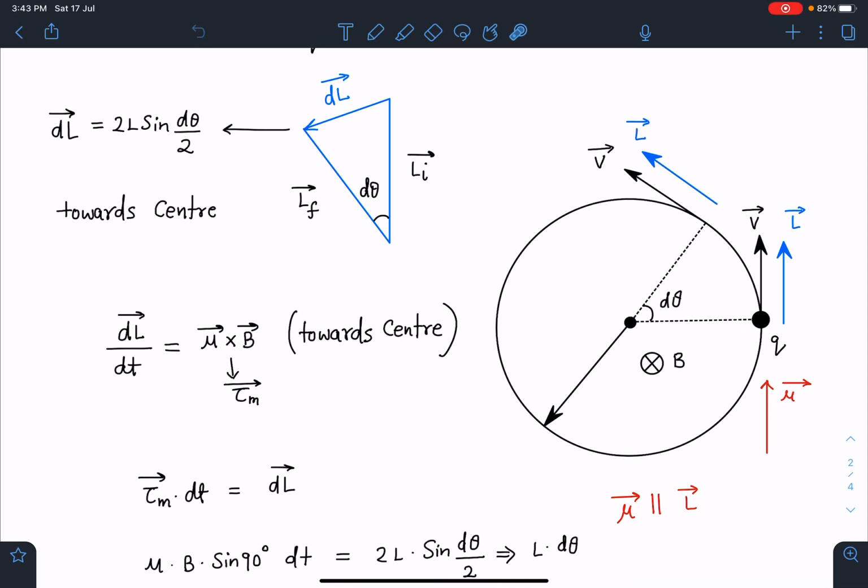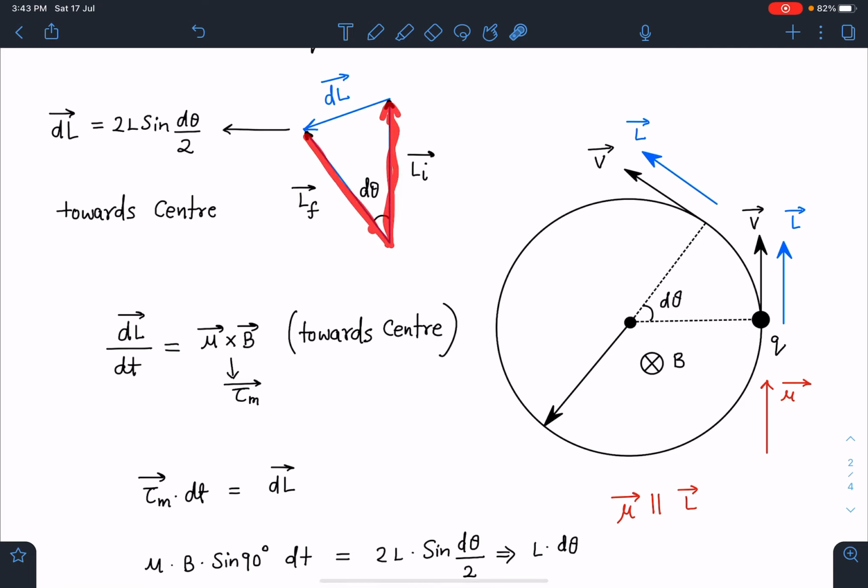So let's see here, this is quite similar to the circular motion derivation. Here the initial angular momentum is in this direction, and the final angular momentum after dt time is in this direction. So this vector is the small change in angular momentum dL. I can write it as L final minus L initial in this small time interval of dt.